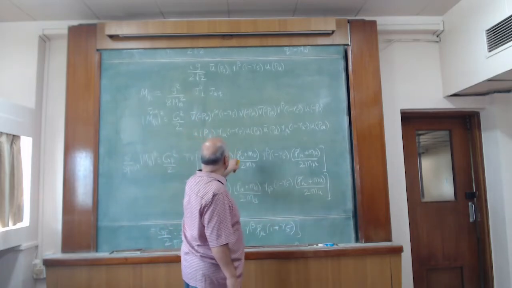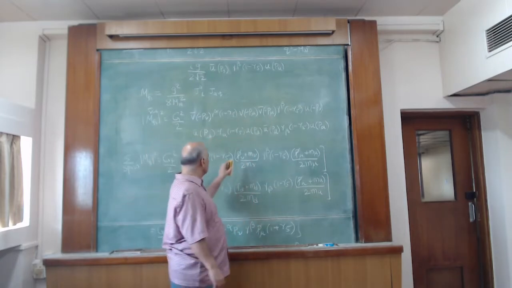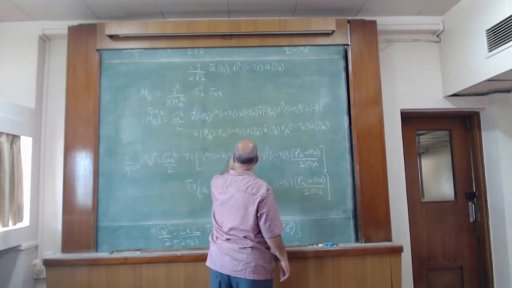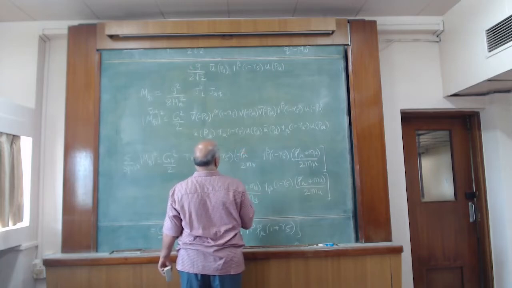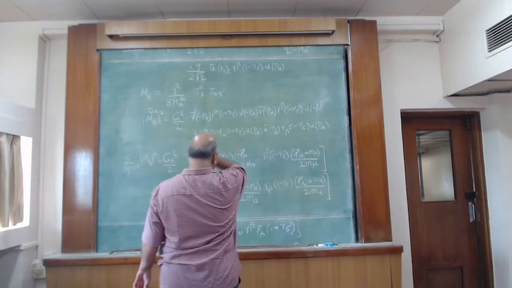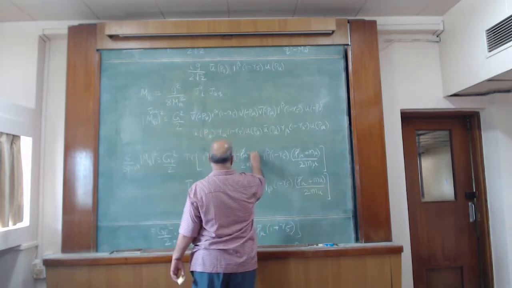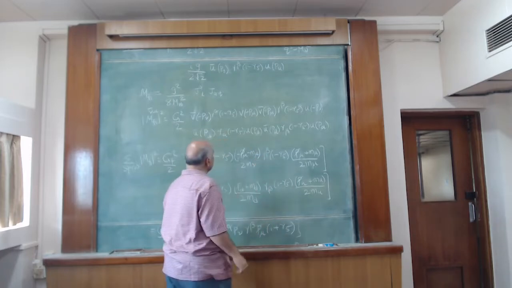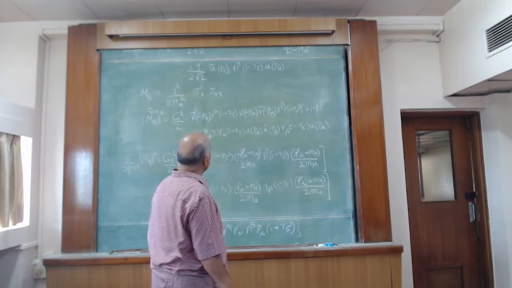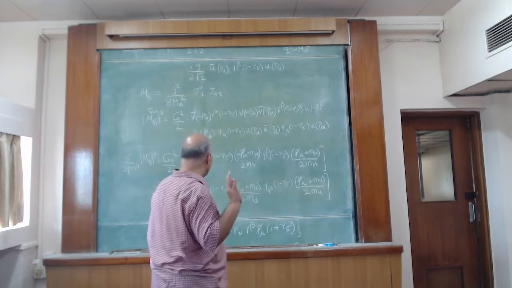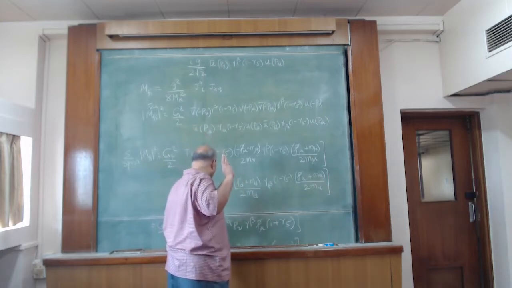So now V V bar summed over spins gives me minus P mu slash minus M mu. Oh, sorry, actually the minus will not be there. I made a mistake. Sorry.